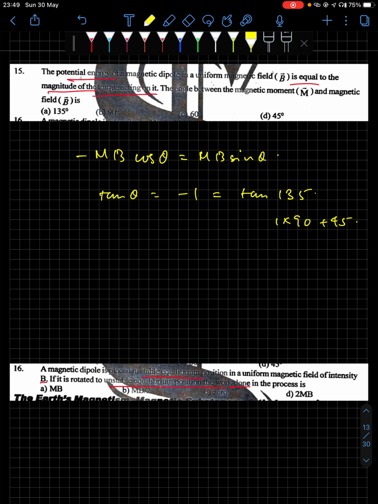So tan of 90 plus becomes minus cot, second quadrant, tan is negative, and then you have 45. So minus cot 45 is minus 1, right? So your answer is, the value for theta is 135 degree. This is option number A.